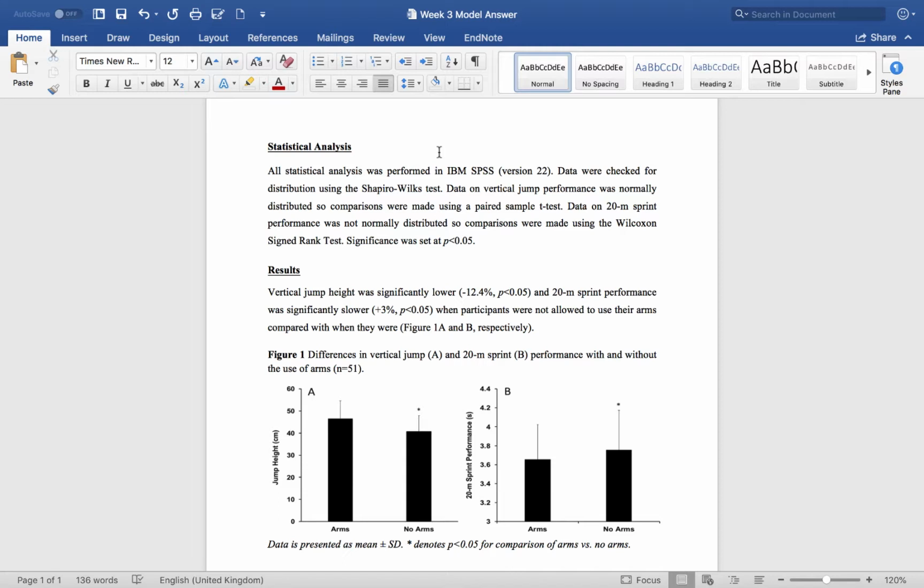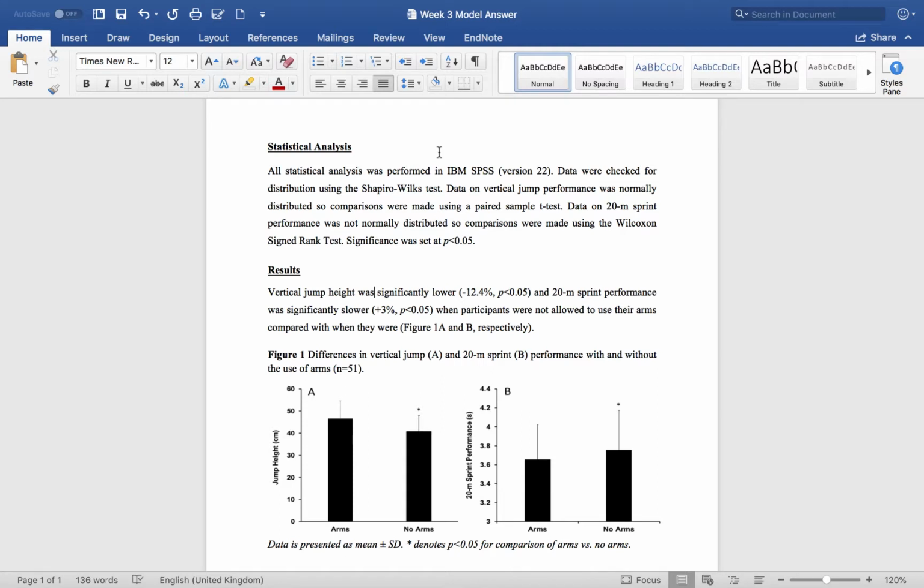In lab reports, of which you are going to write several across your time at university, including your final year dissertation, which will be a research project, you are going to have to integrate data handling, statistical analysis, and data presentation skills in order to do well in those lab reports.